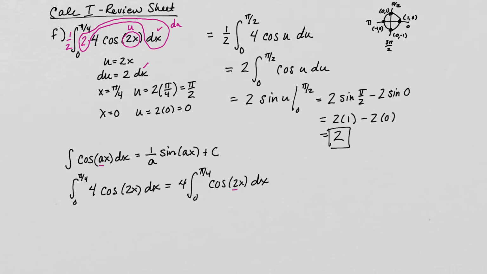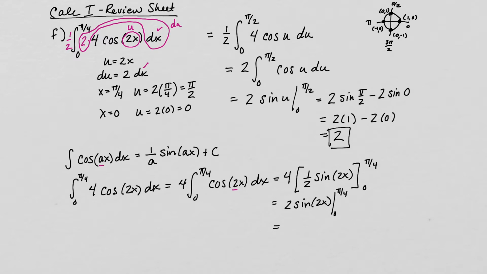So that's my 2, that's my a. So this is just going to end up being 4 times 1/2 the sine of 2x. And in this case, I don't have plus c. I'm evaluating between 0 and pi over 4. And again, I can multiply that 4 times the 1/2. So I have 2 sine of 2x evaluated from 0 to pi over 4.